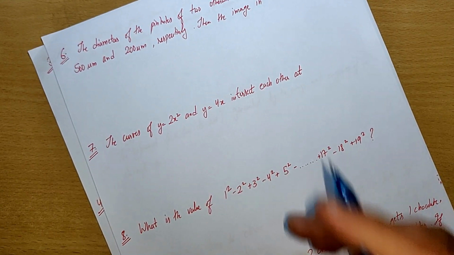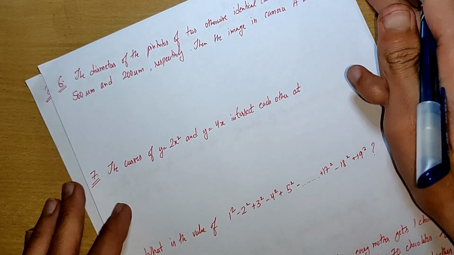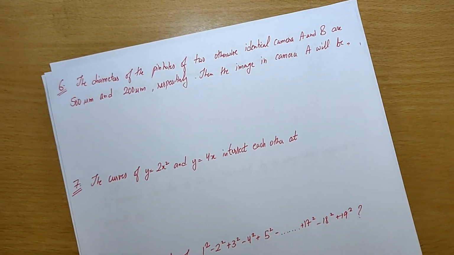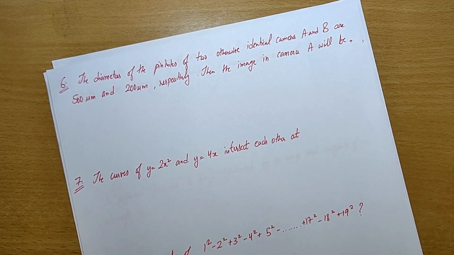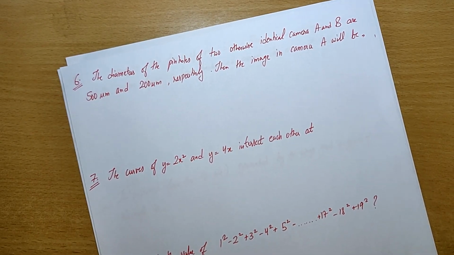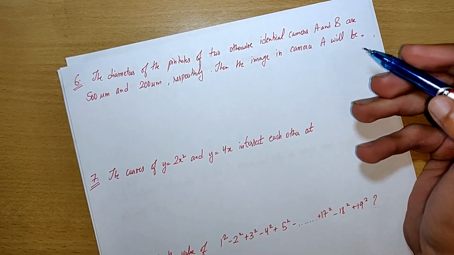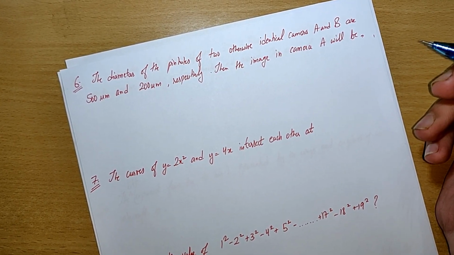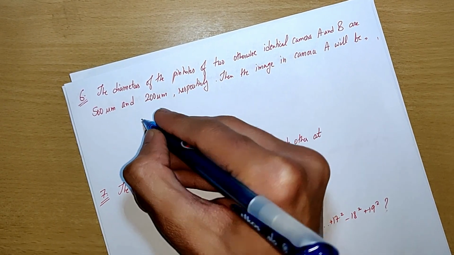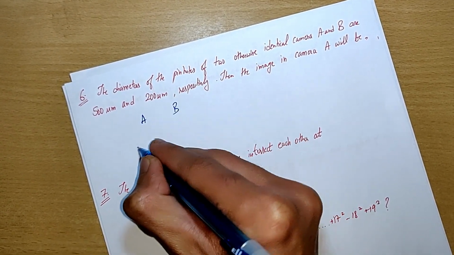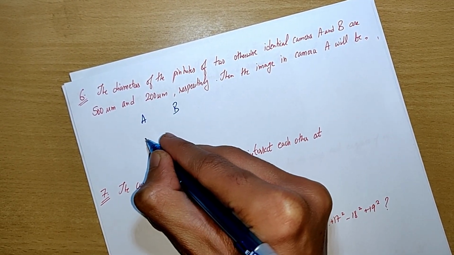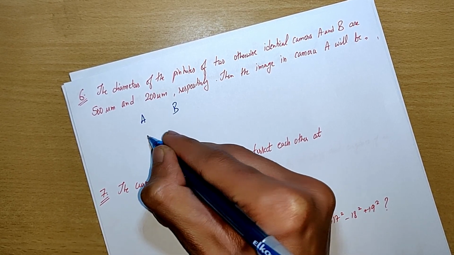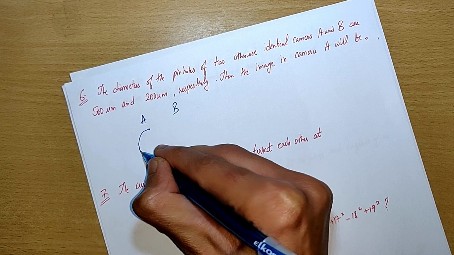It is given that the diameters of pinholes of two otherwise identical cameras A and B are 500 micrometer and 200 micrometer respectively. So we have two cameras A and B. The aperture is given.